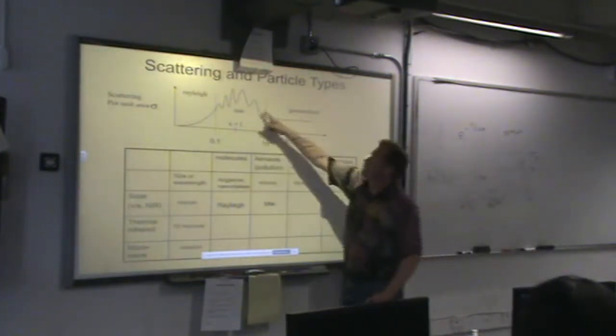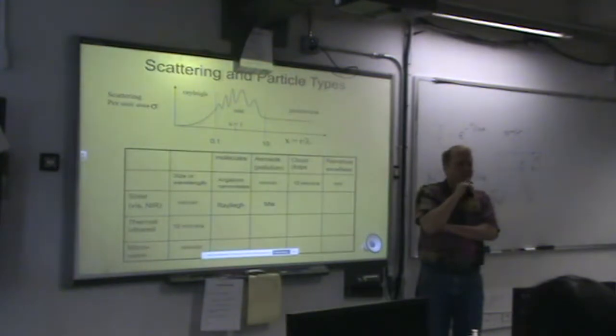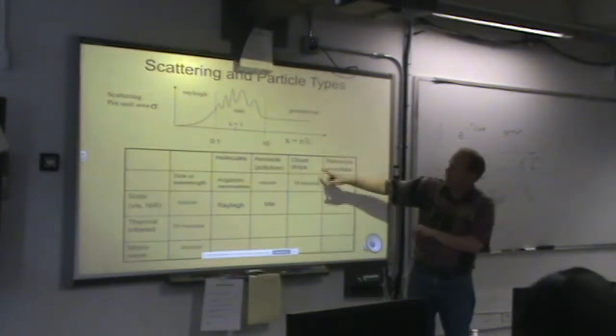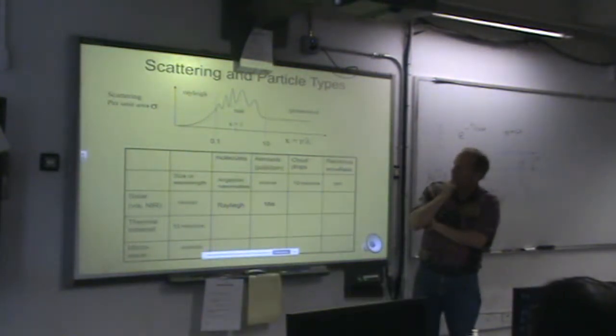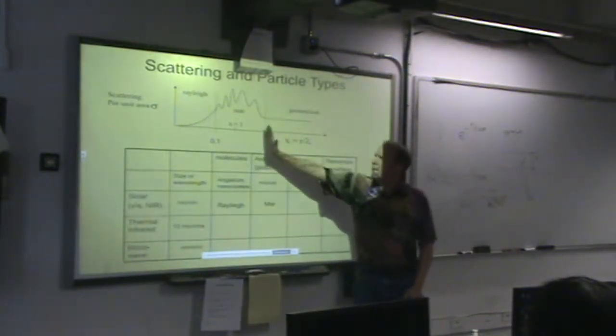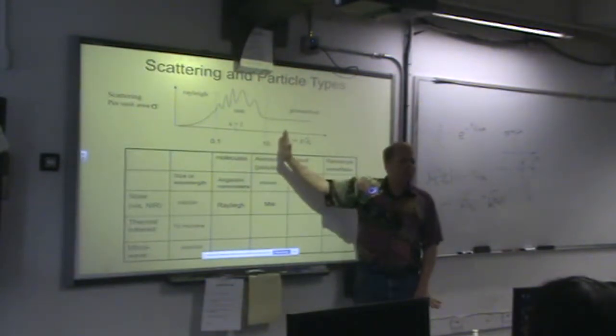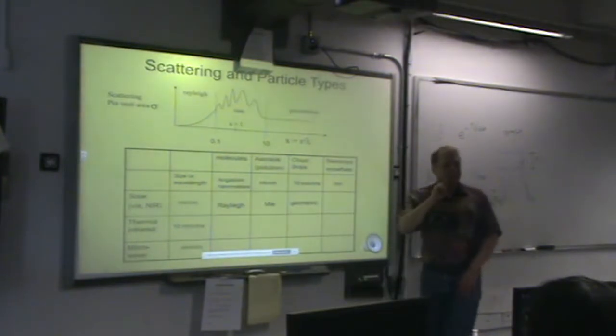That's kind of symbolizing how unpredictable it can be, and very sensitive to the size of the particles. How about cloud drops with the solar? Well, almost. We have microns versus about 10 microns. We're kind of verging into geometrical here. We're going to call it geometrical. People typically assume geometric optics here.